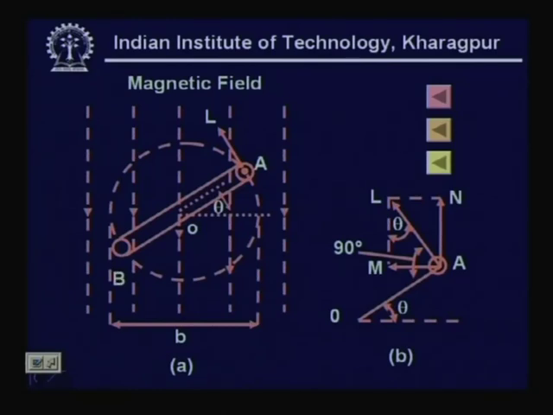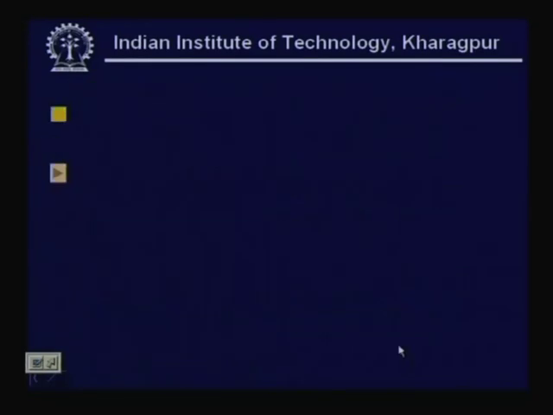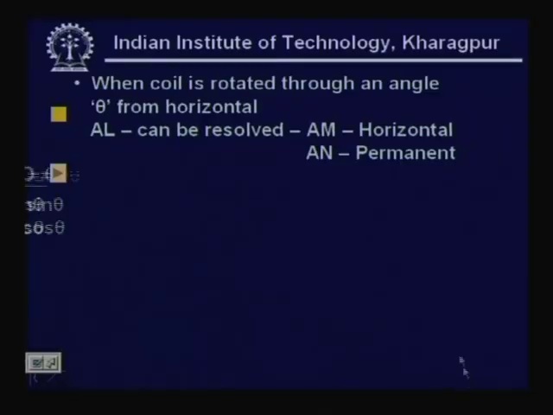As can be seen, since this velocity is radially outwards along the anti-clockwise direction, it has a component in the horizontal as well as vertical, and it is the perpendicular component which is responsible for the generation of EMF, and therefore we will see how one gets the voltage generated.